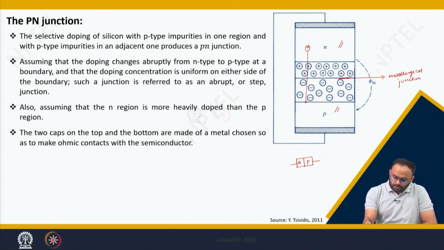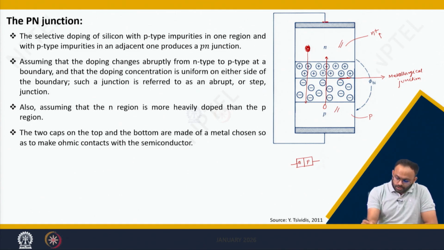Electrons are generally represented by dots and holes by bubbles. Due to the high concentration of holes on the P side, they will diffuse towards the N side, and a huge diffusion current flows. In this condition we are assuming that N plus is heavily doped, where plus stands for heavily doped, and the P region is lightly or moderately doped.